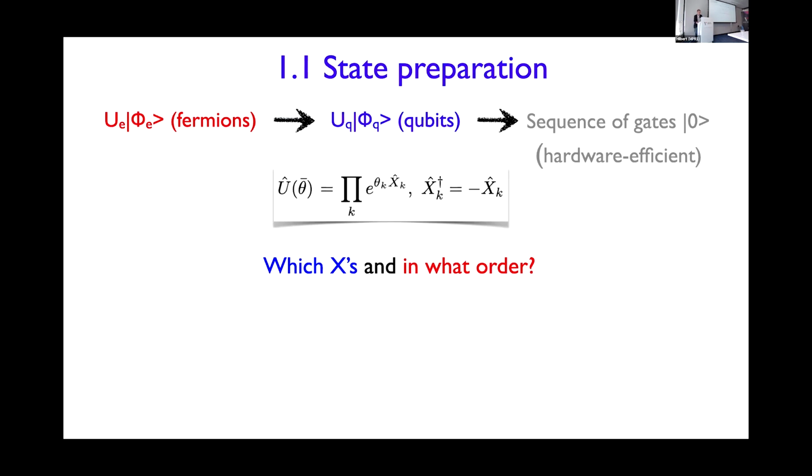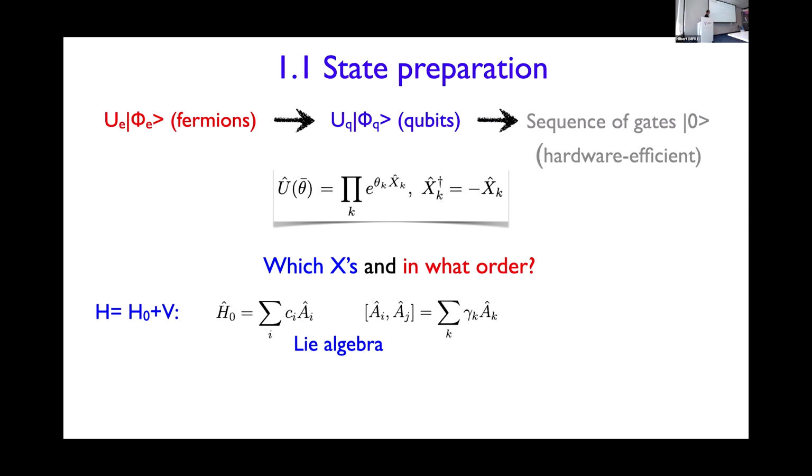All right, so this is something to answer. And here the first piece of Lie algebra comes to help. What we can do is present the Hamiltonian as two parts, H0, a simple part, and we select H0 so that it's a linear combination of operators that are not necessarily commuting, but not commuting in a particularly nice way, meaning that two non-commuting operators give a linear combination of others.